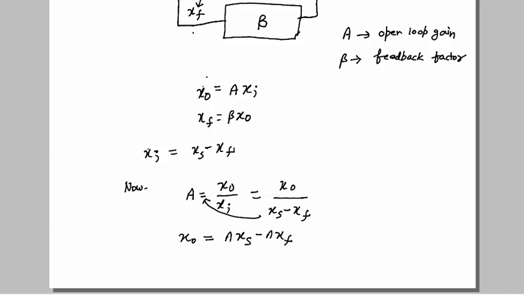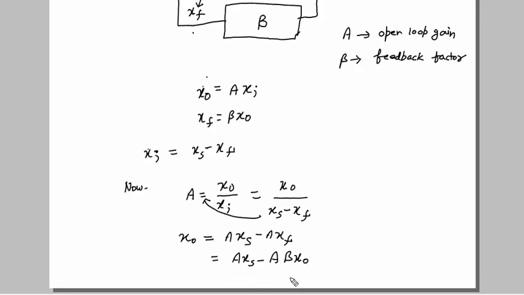Now xf is beta x naught, so we can write A xs minus A beta x naught.